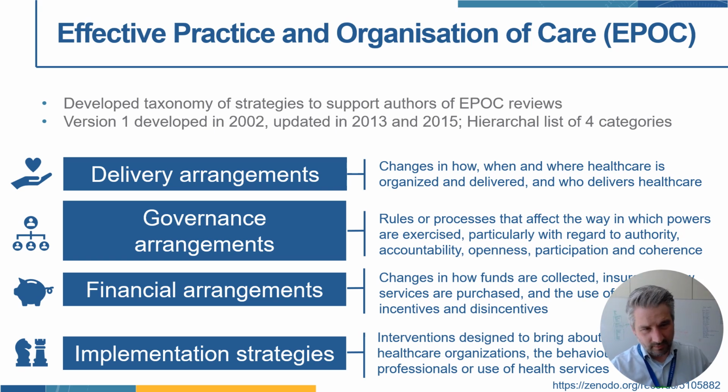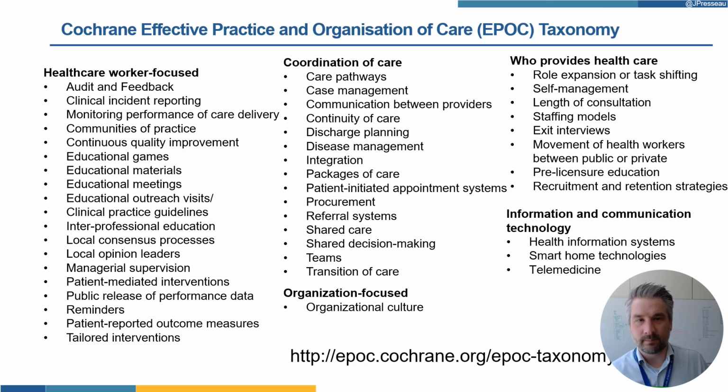So these are 4 different areas of strategies that have been identified: delivery arrangement, governance, finance, but then I'll deep dive really in the implementation strategies bucket there. And again, I won't put too much emphasis on this for the sake of time, but you can go to epoc.cochrane.org/epoc taxonomy to really get a deep dive list of the labels and definitions for each of the implementation interventions that they've outlined, and many of which actually have Cochrane reviews linked to them.